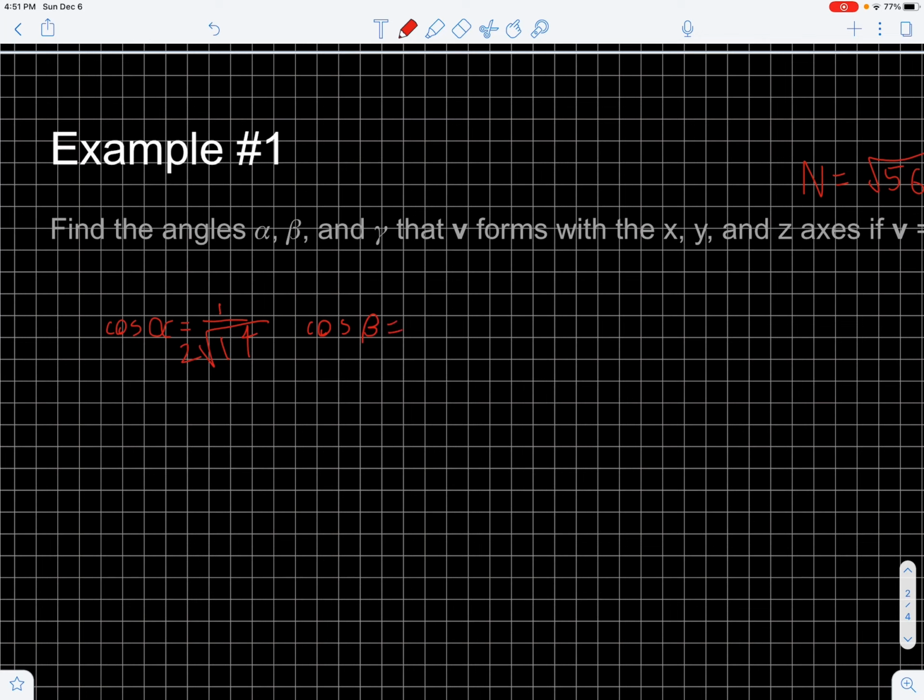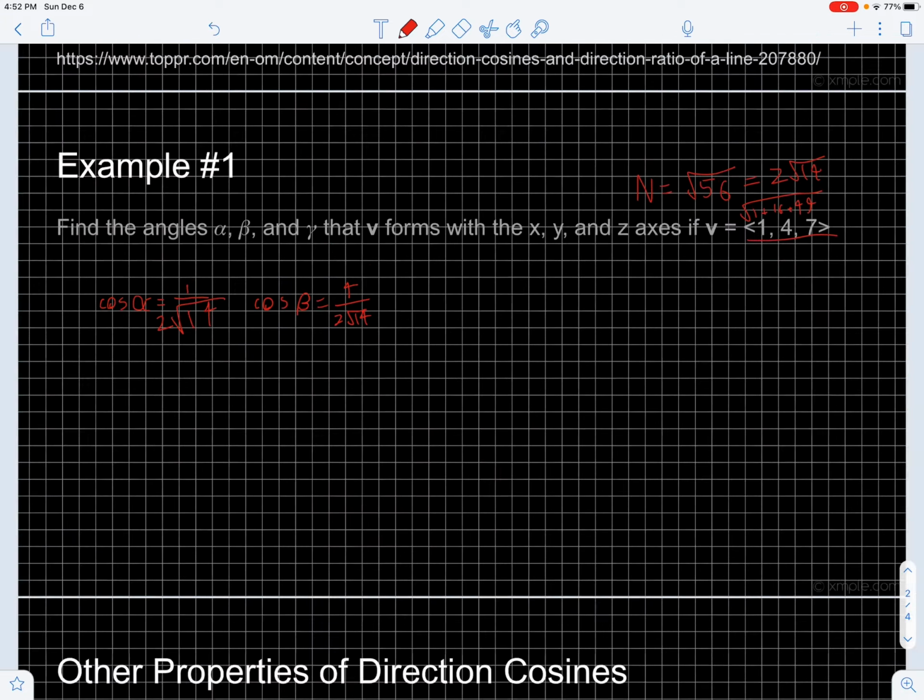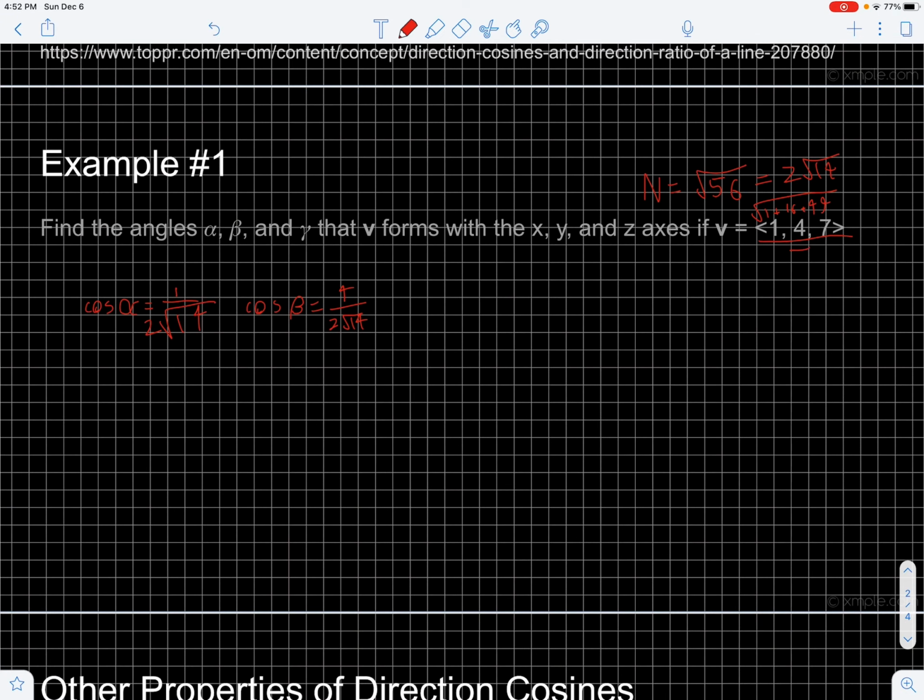Cosine beta equals 4 over 2 square roots of 14, our y component. And cosine gamma equals 7 over 2 square roots of 14.